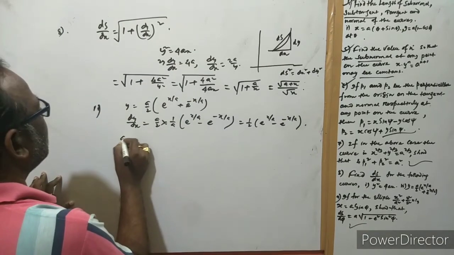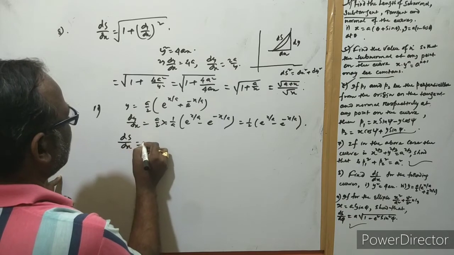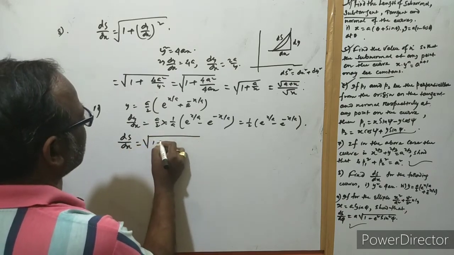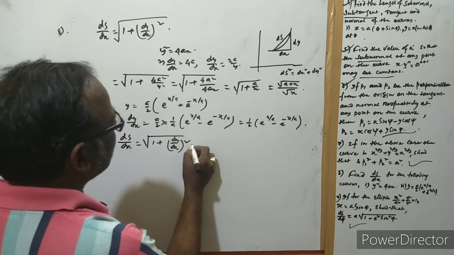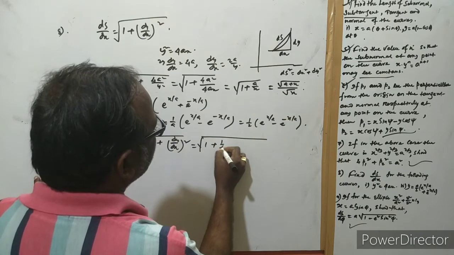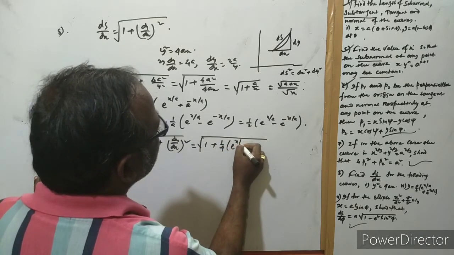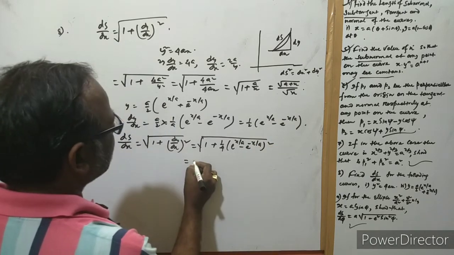Okay, now ds by dx is root over 1 plus (dy/dx) whole square. So this is 1 plus 1 by 4 times (e to the power x by a minus e to the power minus x by a) whole square.